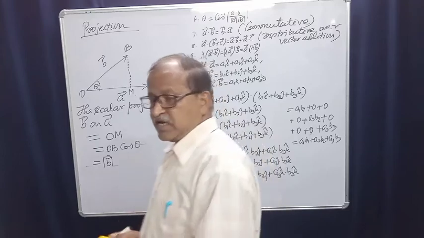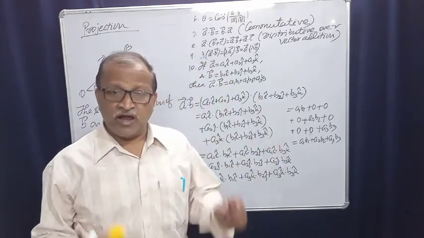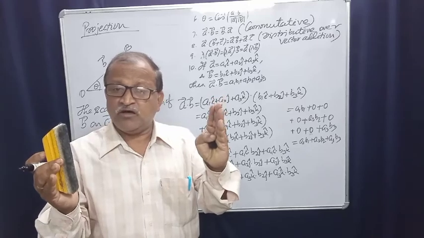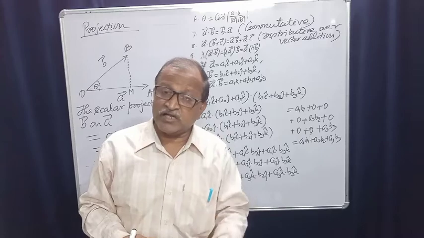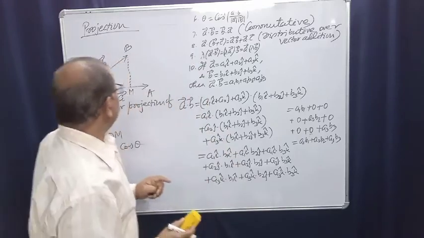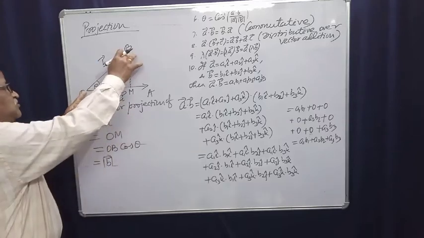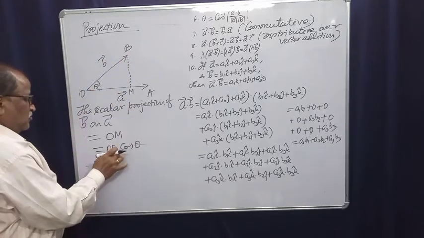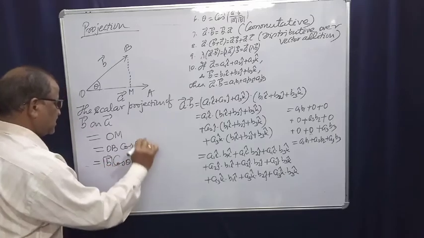The arrow mark indicates the direction of the vector and the length of the line segment represents the magnitude of the vector. Here magnitude of B is OB. So it is magnitude of B cos theta.